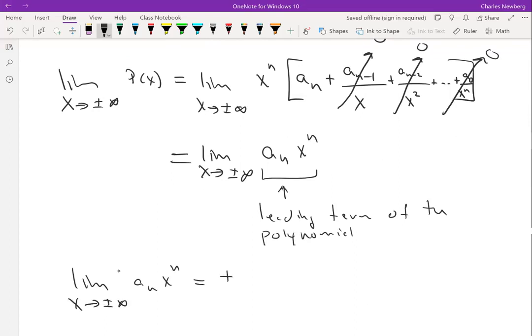It's either going to be plus or minus infinity depending on n and the sign of a sub n. Because remember, negative will flip things over the x-axis, our reflections we did in college algebra. Okay, give you a chance to get caught up.